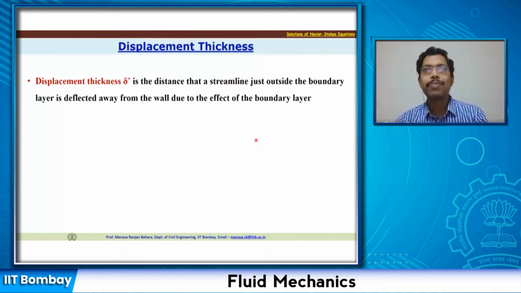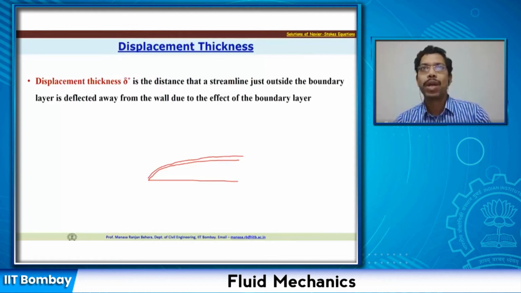What does it mean? If you have a plate and you have a streamline here, after the boundary layer you have a streamline which is possibly moving like this. Let us say this streamline is being displaced by some distance due to the effect of the boundary layer.